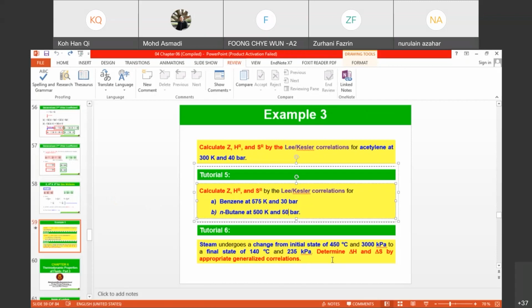Okay, for tutorial 5, it is similar. Similar method by Lee Kessler because it's 30 bar and 50 bar. Okay, can you do the tutorial, determine delta H and delta S?